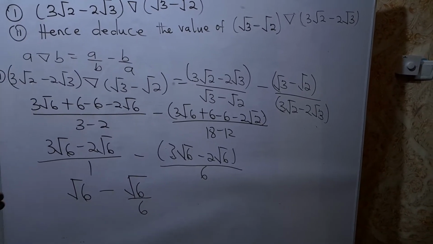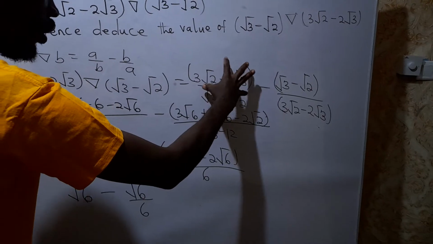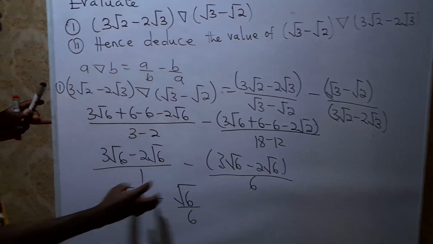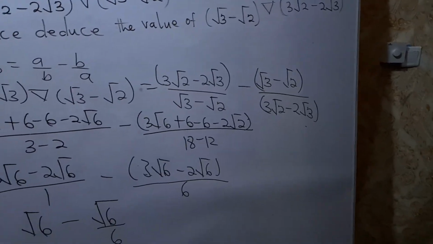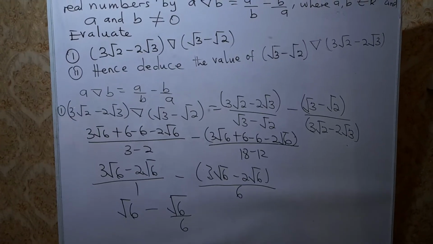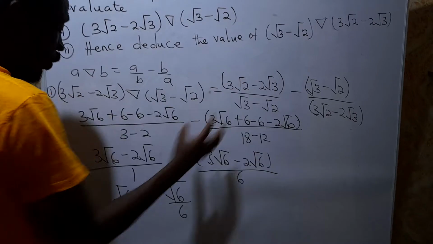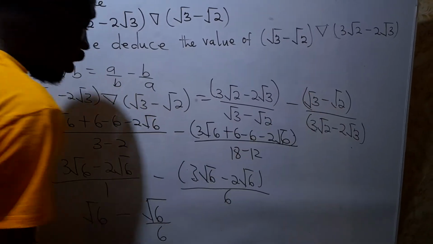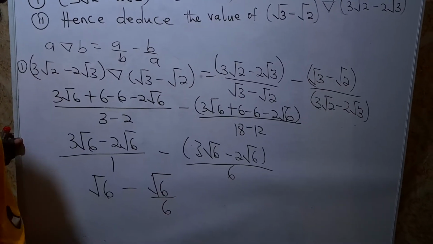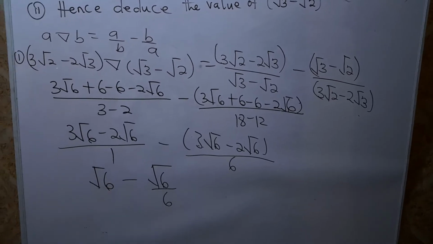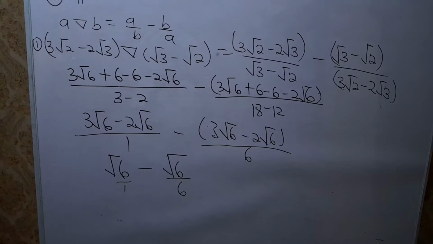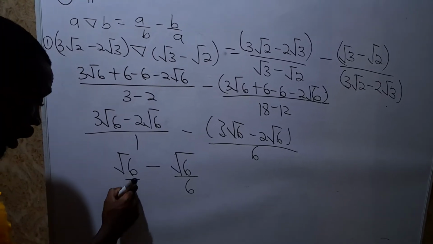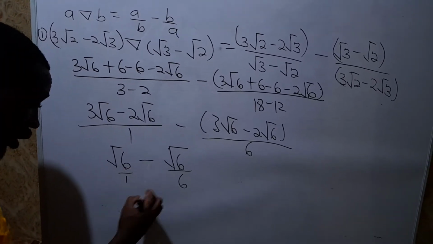So you realize that the result of this gives us root 6, and the result of that gives us root 6 over 6. So what do we do? We need to simplify this by finding the denominator. This is 1. The LCM will be 6.